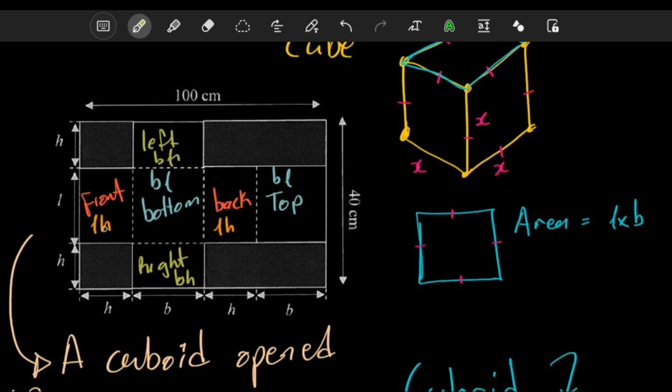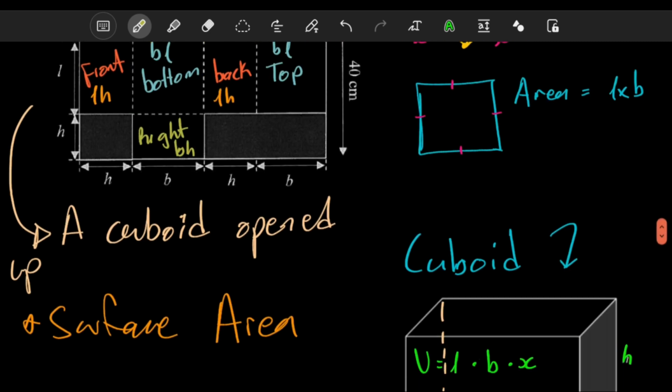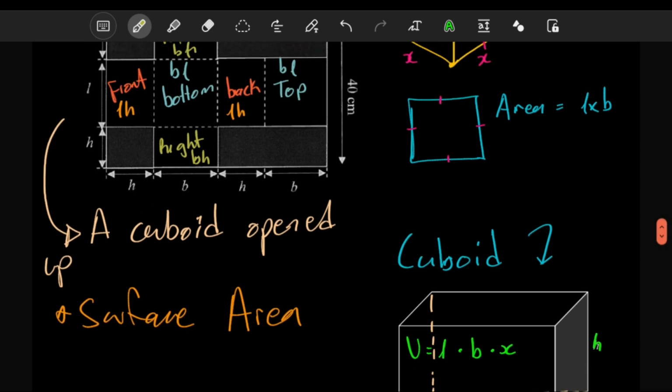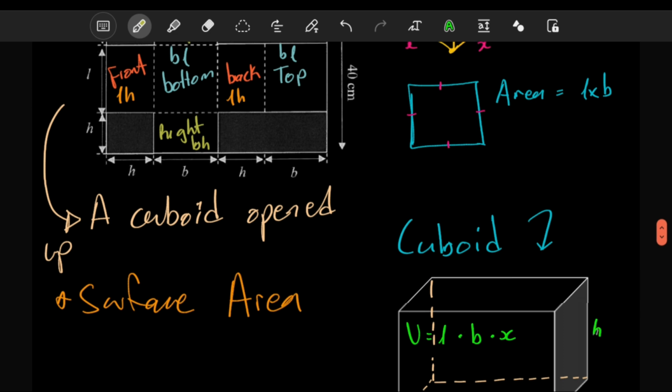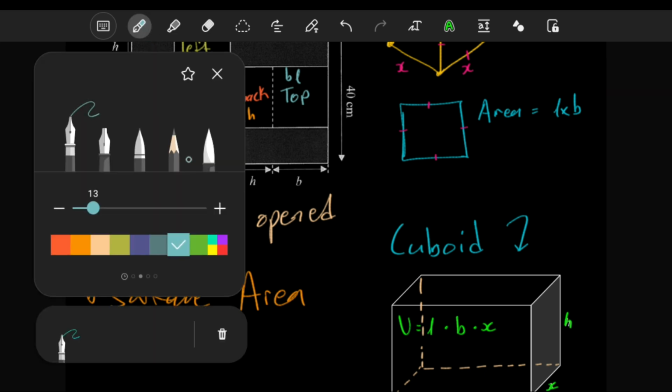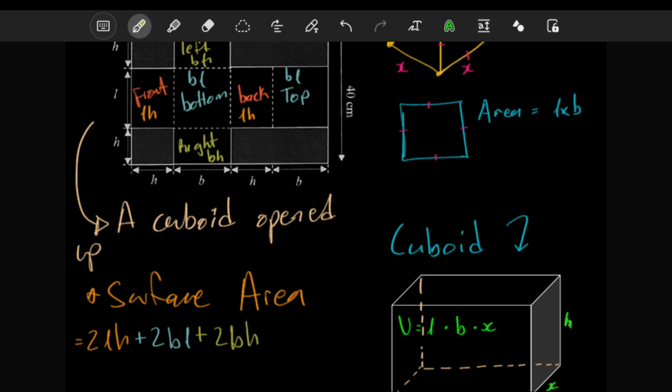You have these two twice, you have these two twice, and you have those two twice, because the top and the bottom are two of the same thing, left and right are two of the same thing, and front and back are two of the same thing. So your surface area here is just 2 of the length and the height, plus 2 of the breadth and the length, plus 2 of the breadth and the height.